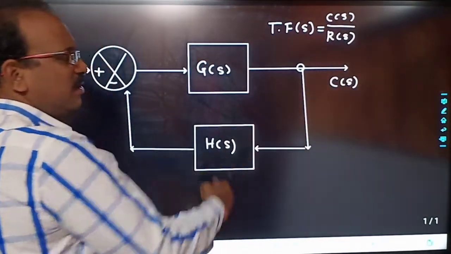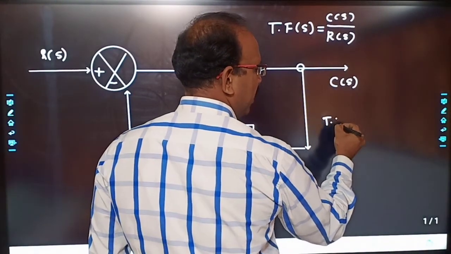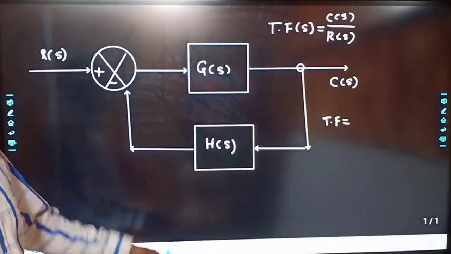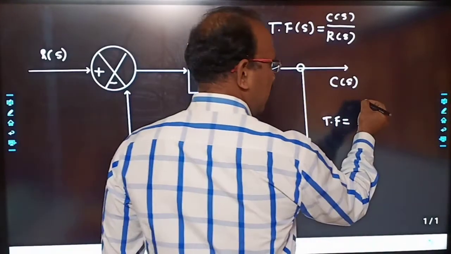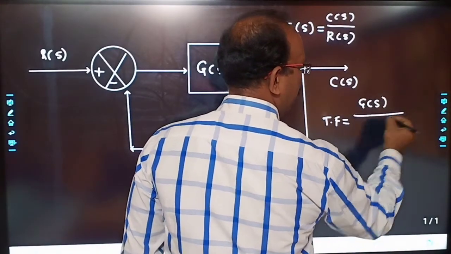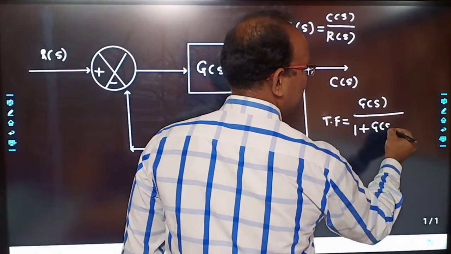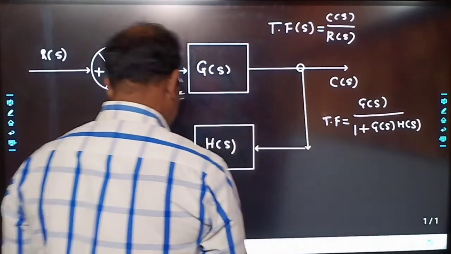Now how is this presented? Using the derivation, which you know, we get the transfer function of the system: G(s) upon 1 plus G(s) into H(s).